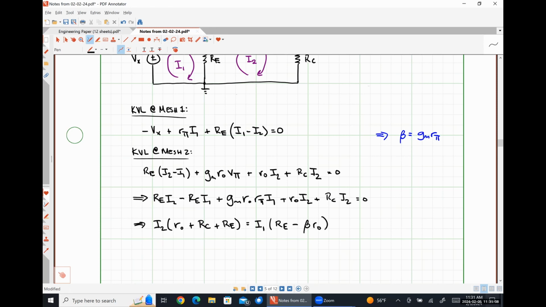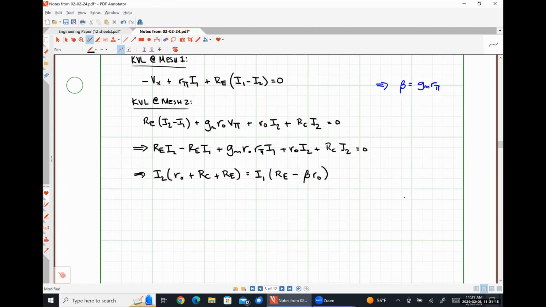Everybody okay with that? All I've done is just move the I1 terms over to the other side of the equal sign and lump things together. Now, from here, we can see that I2 is nothing more than I1 times (RE minus beta R naught) divided by (R naught plus RE plus RC).